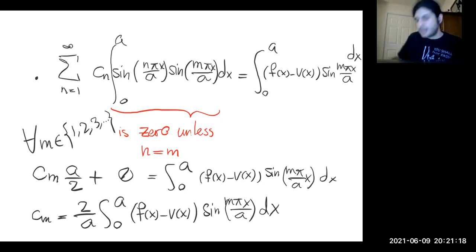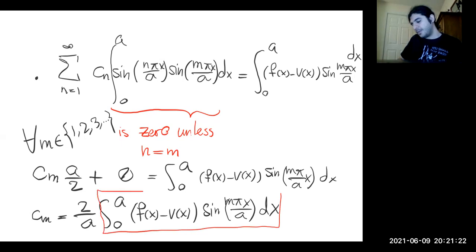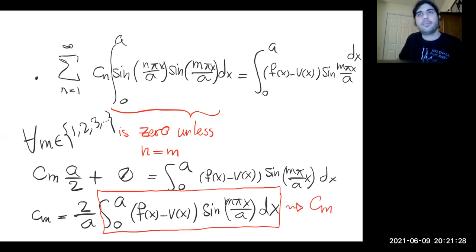From this equation, assuming you're able to compute these integrals, we get all the numbers Cm. And when we have these numbers Cm, we have W, right? What was W?